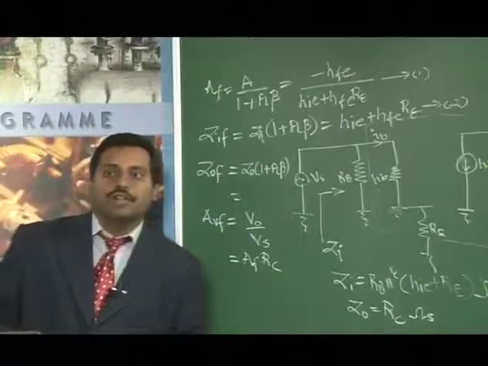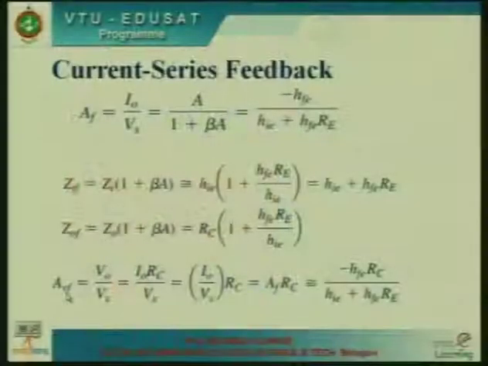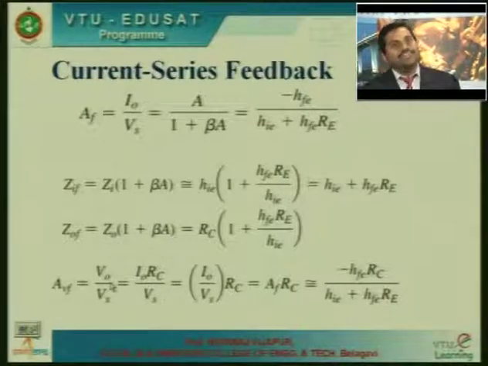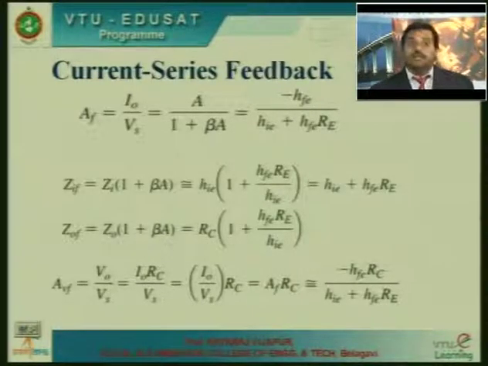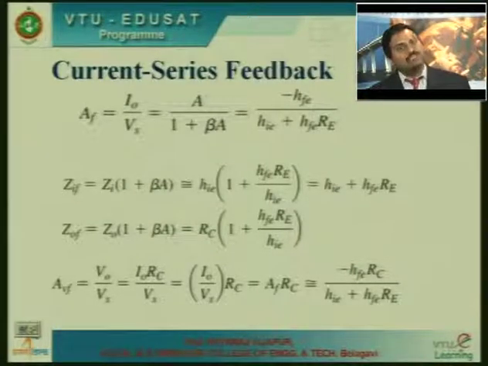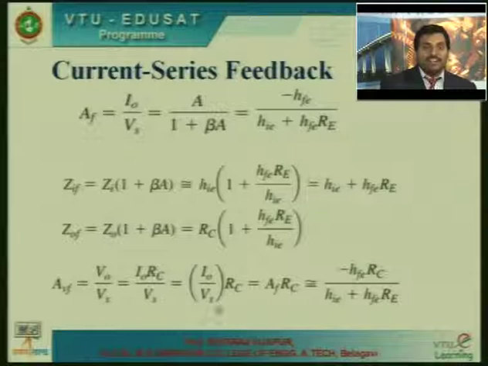Now just come back to the slide. We have closed loop gain AVF equal to V naught by Vs. How can you calculate V naught? V naught is the output voltage. So the output voltage is output current into output resistance, which is I naught into RC divided by Vs. I naught by Vs we have already calculated.